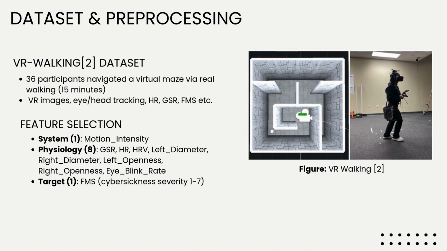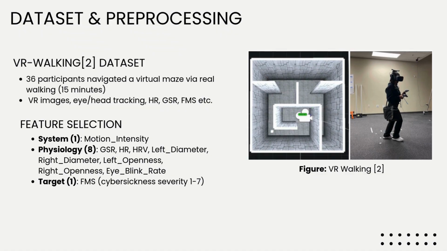For this work, I used the same publicly available VR walking dataset that the baseline paper used, but they also added some additional features like spectral entropy, luminance, Hjorth features, and so on. So the paper used a total of 22 features, where 10 were system parameters and 11 were physiological signals. However, their updated dataset is not publicly available till now.